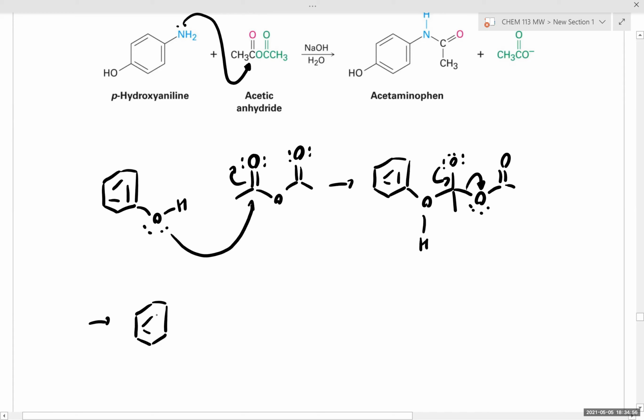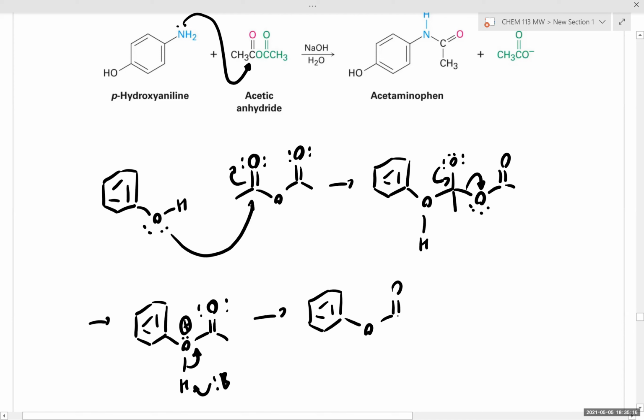Finally, as a last cleanup step, we'll pull off a proton from the ester oxygen. So as you can see, just like with acyl chlorides, we can prepare esters from alcohols and anhydrides.